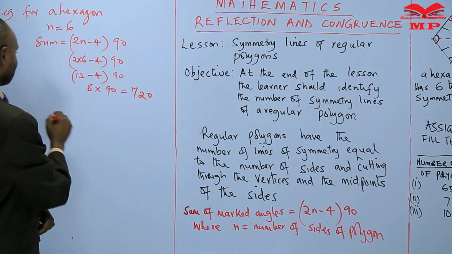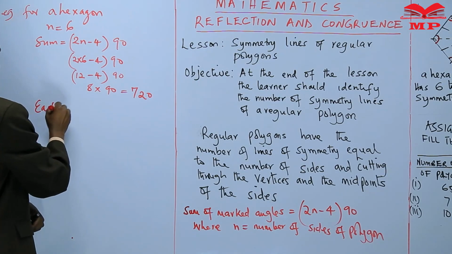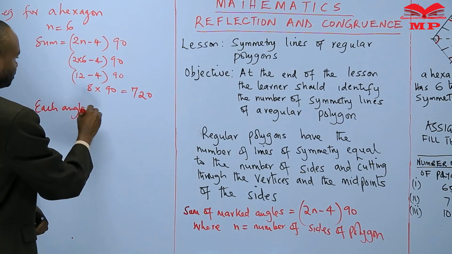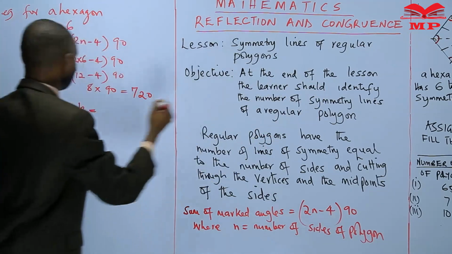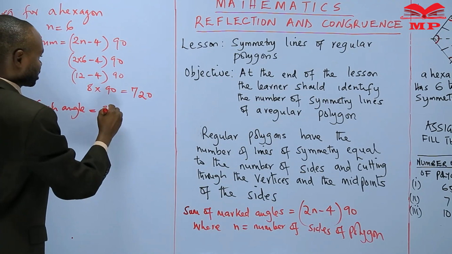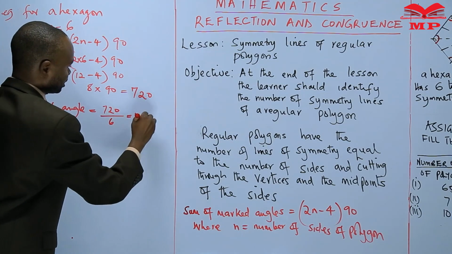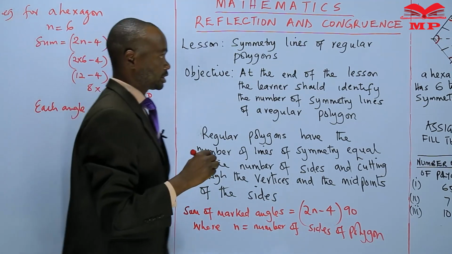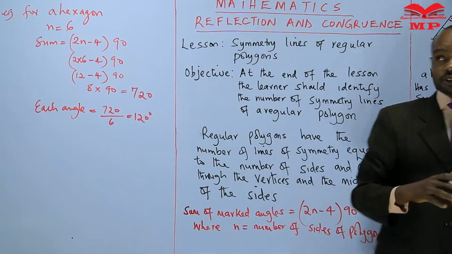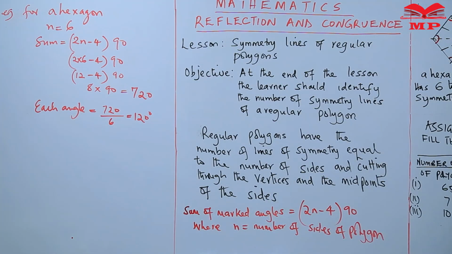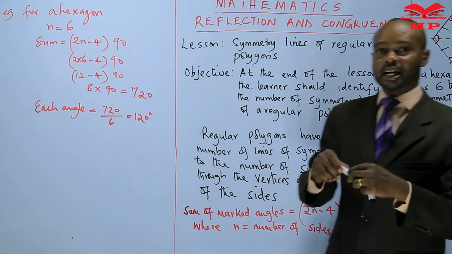If you want to get each angle, you just count the angles. There are 6, and they are equal. It will be 720 over 6. So each angle will give you 120 degrees. They might ask you something about deducing the angles. And having got 120, it is easier to get the other ones because they are isosceles.